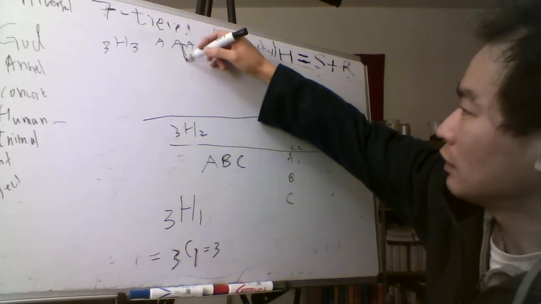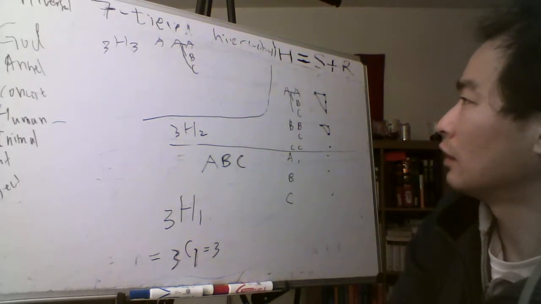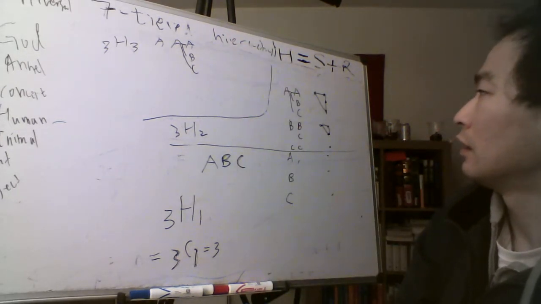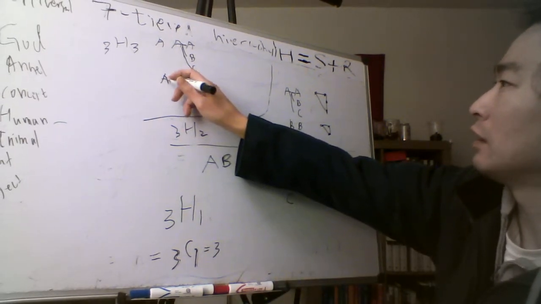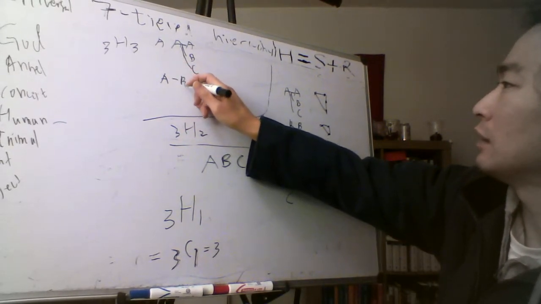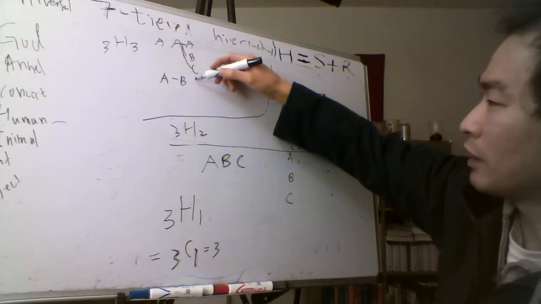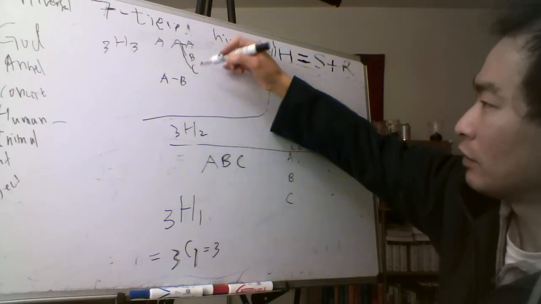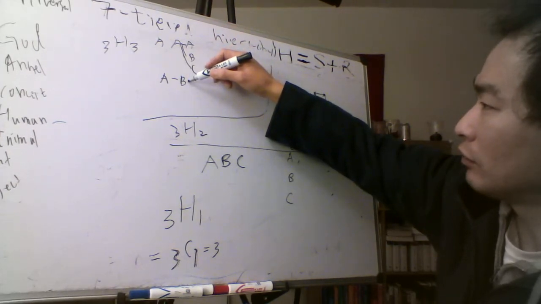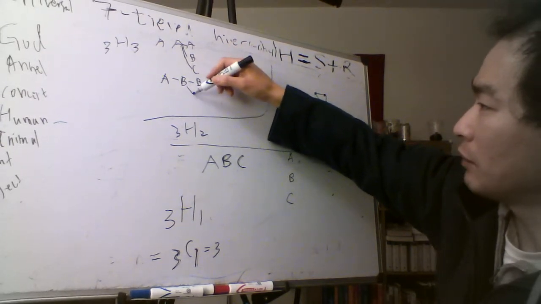AAB, AAC. It's gonna take a lot of space though. Oh my goodness. A, B. We cannot do ABA because ABA is the same as AAB, right? Because ordering doesn't matter. Then you have ABB, ABC.